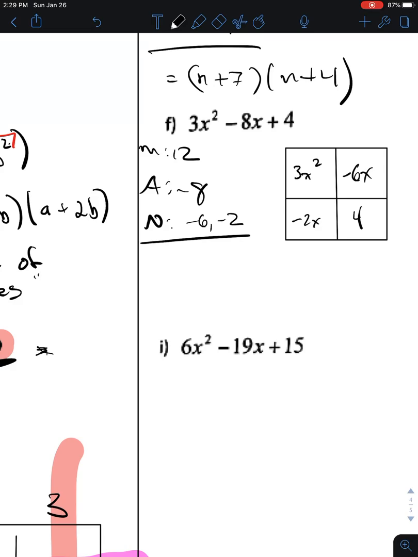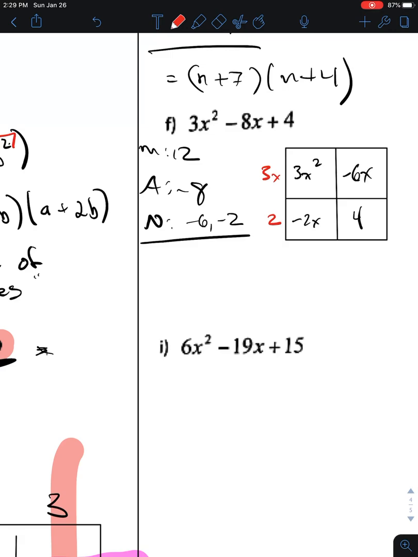So I'm going to read horizontally, and I'm going to read vertically, factor out what's common, and then express my final answer. So horizontally, I'm going to get -2, and then, careful. We learned this.